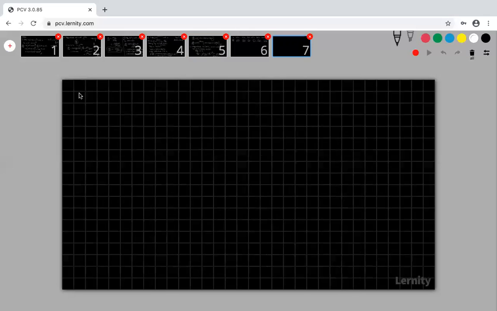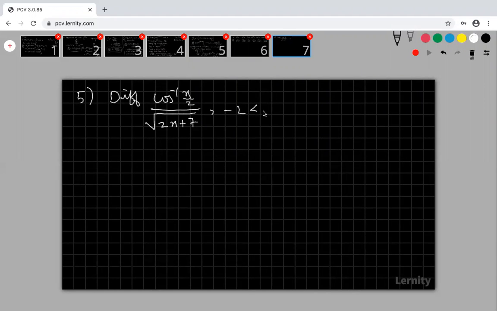Right. Now come to the next problem. The fifth problem: differentiate cos inverse of x by 2 divided by root of 2x plus 7, where minus 2 is less than x less than 2, with respect to x.